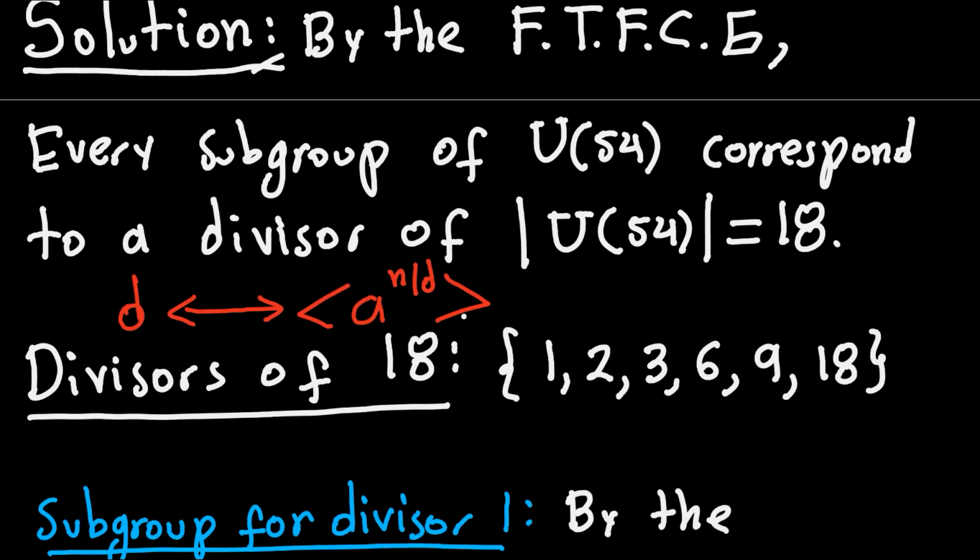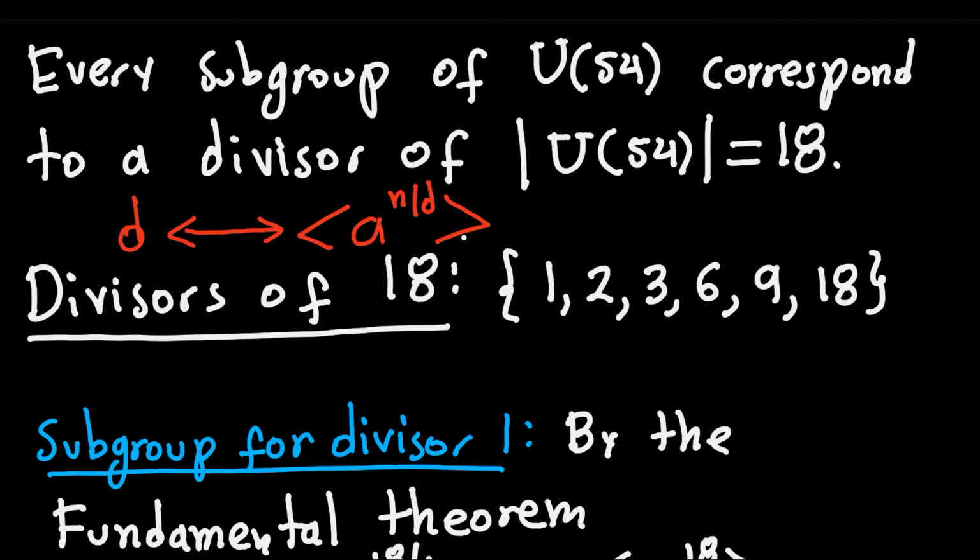Recall that for every divisor D of 18, the subgroup corresponding to it is the one generated by A to the n divided by D, where n is the order of the group, D is a divisor of the order, and A is one of the generators of the cyclic group. In this case, A will be 5, for example.